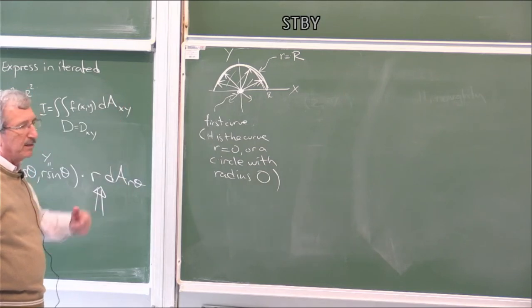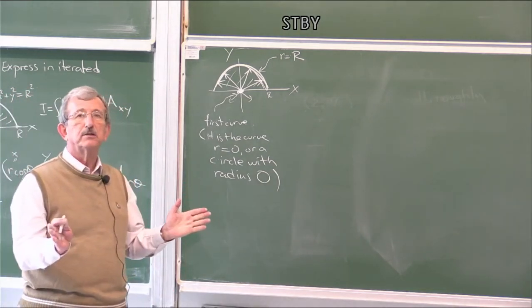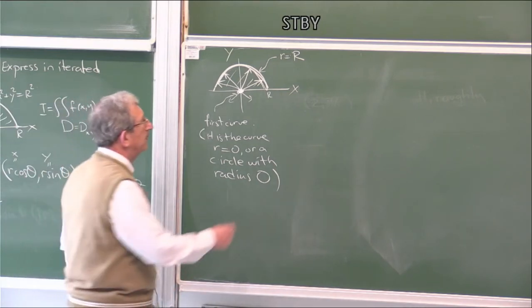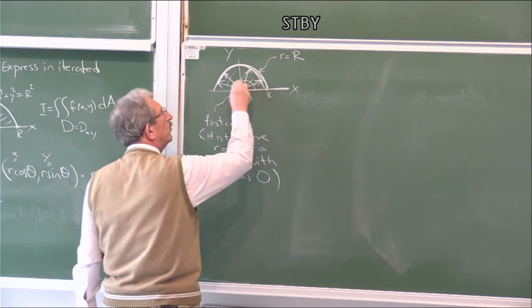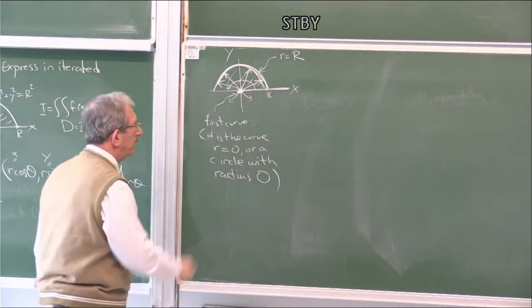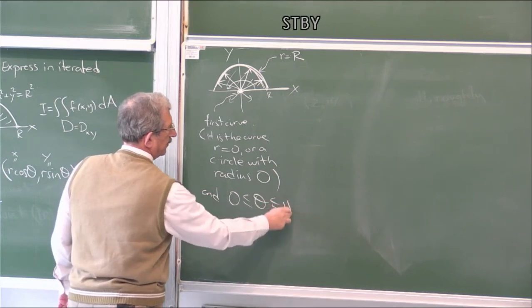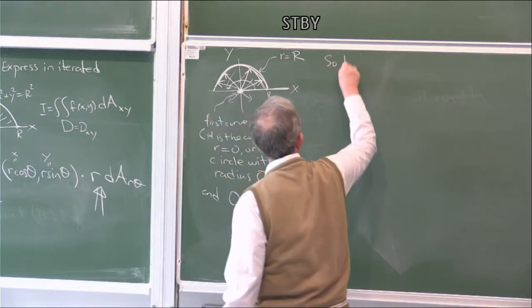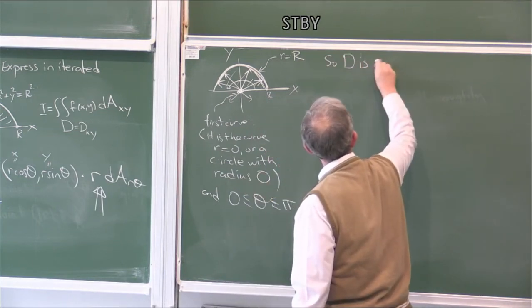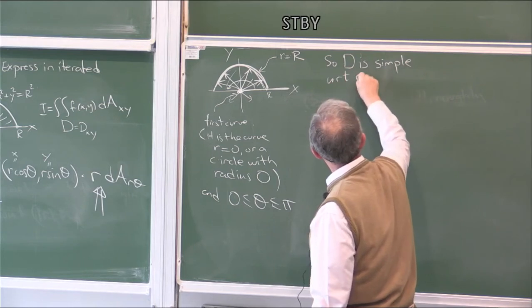In the meantime, theta must change between two constants. Well, clearly, the first value of theta is 0. It moves up to pi. Okay. So, D is simple with respect to r first.